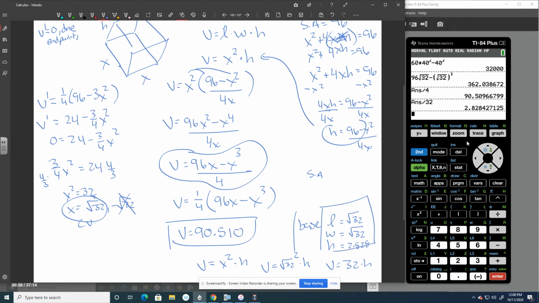Now, on the AP test, we would have to prove that this isn't just a critical value, but it's actually an extrema. We have to prove with either the second derivative test or the first derivative test that that's a maximum.